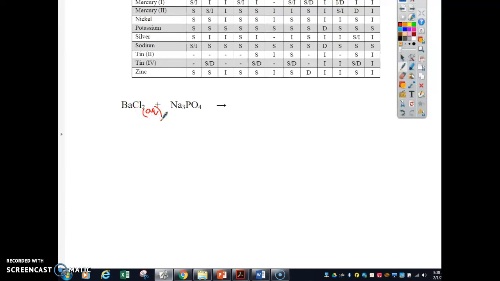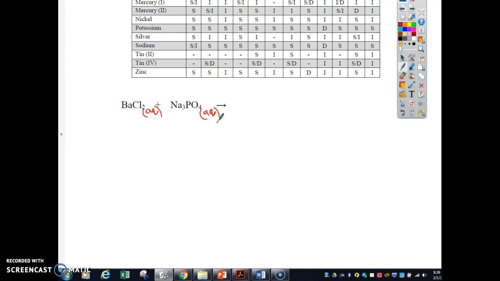Now, if you found sodium, and so I don't have to keep scrolling up and down, sodium phosphate would be this one right here. So that is also soluble. So we would put aqueous with that one. Now, what that means is if you put barium chloride and sodium phosphate into water, they will dissolve. If you're doing a reaction like this, you would never just take solid barium chloride and solid sodium phosphate and mix them together.